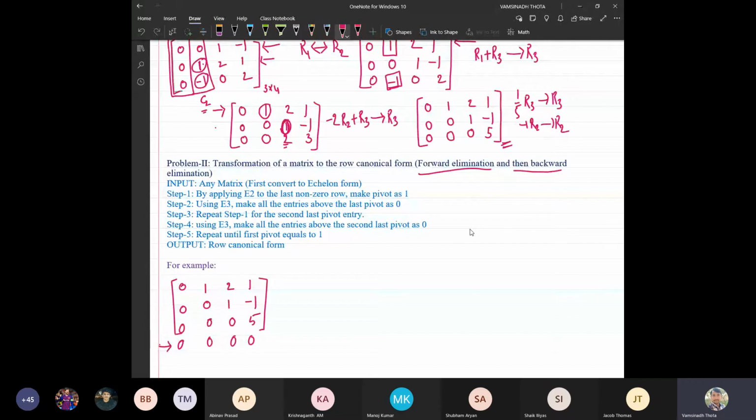But you need not worry about the 0 rows. What you have to start with for the row canonical form is the last non-zero row, and make the pivot 1 by applying E2.